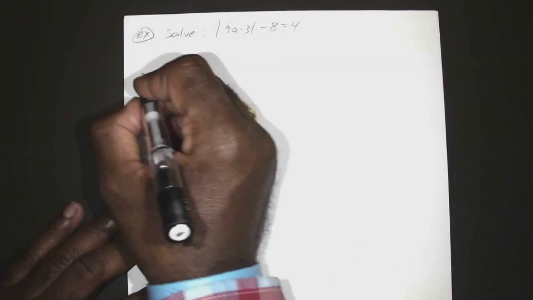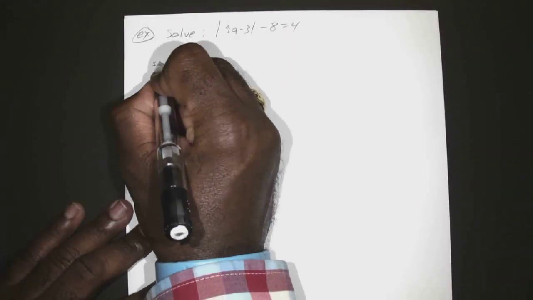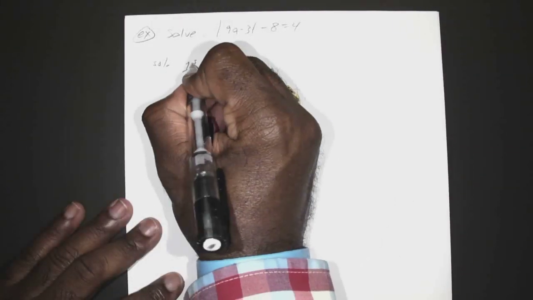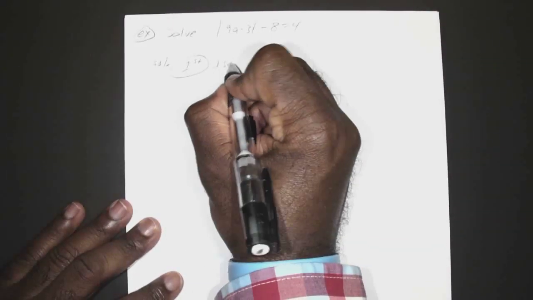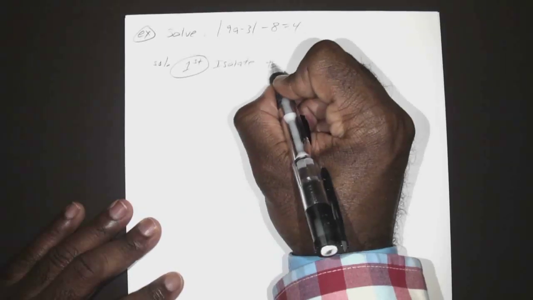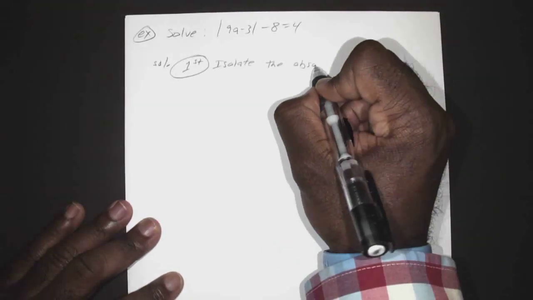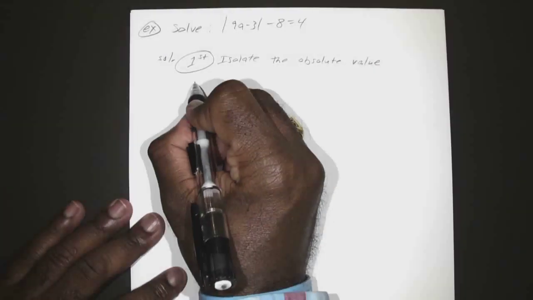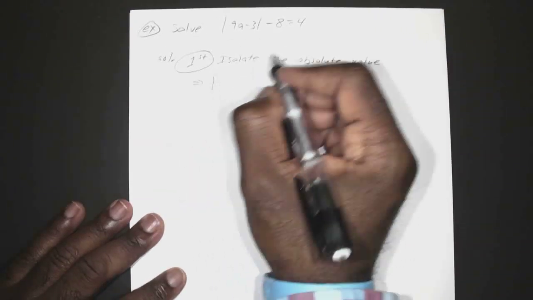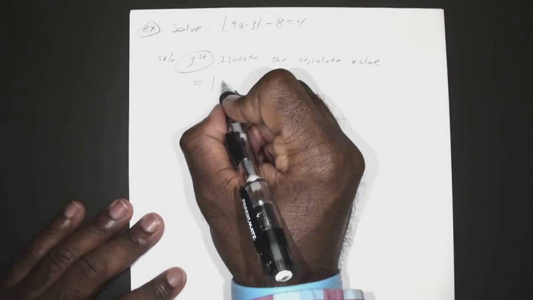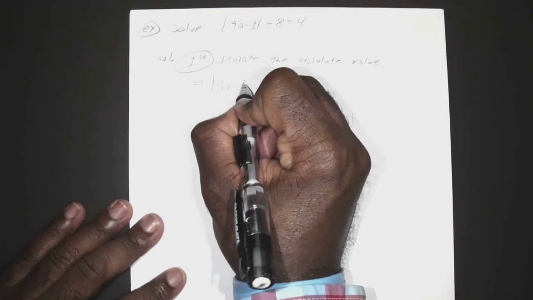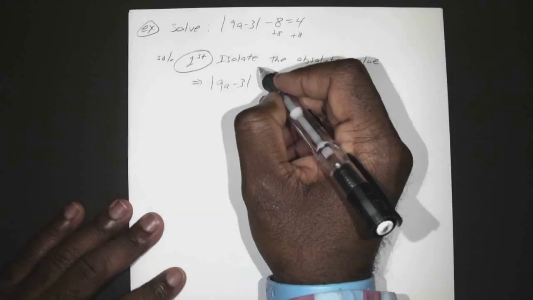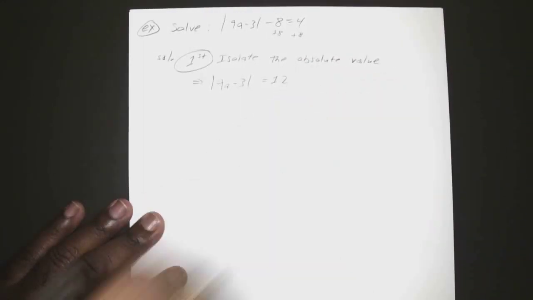Okay, so first we have to isolate our absolute value. So that means we have to add 8 to both sides. So you have the absolute value of 9a minus 3, add 8 to both sides, equals 12.